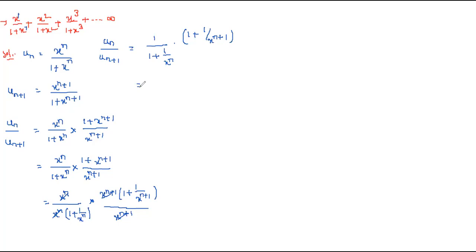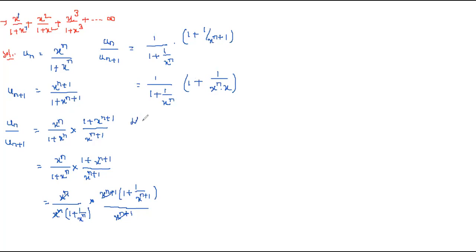So here simply we'll get it as 1 by, this is nothing but 1 plus 1 by x power n into... So this is simply we can write 1 plus x power n into x, x power n into x.